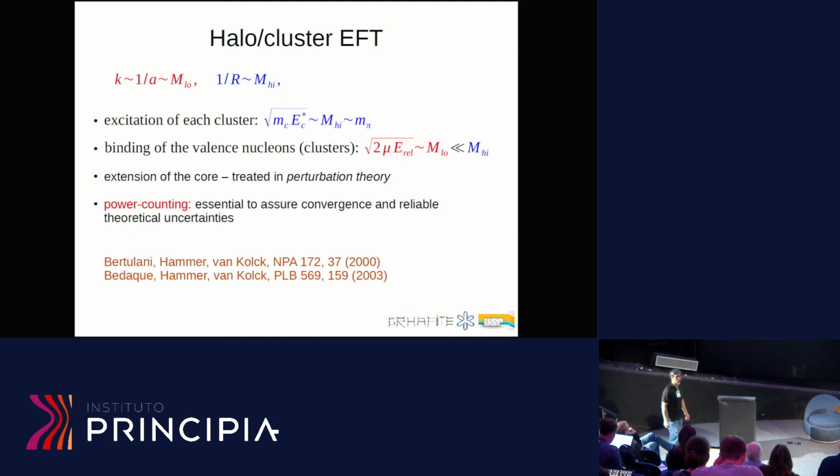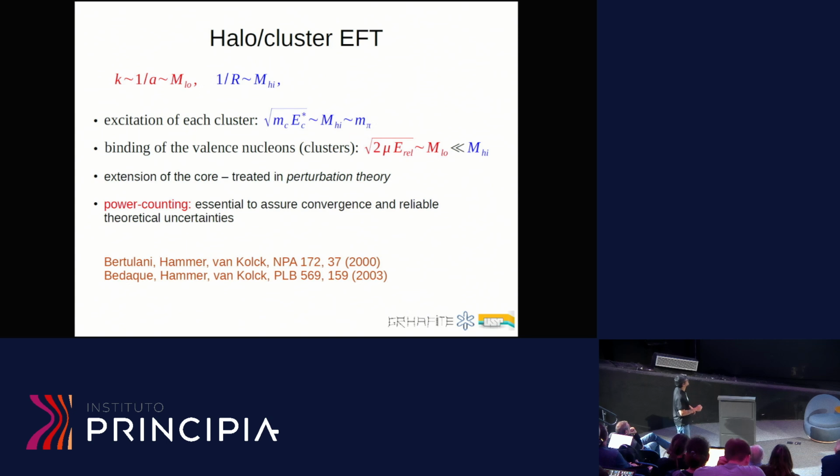The extension of the core, the size of the sphere, is introduced perturbatively. So even though we start with a point-like approximation, it's not that we keep our description in this drastic approximation, but the size of the core can be accounted for, but it goes in a perturbative way.